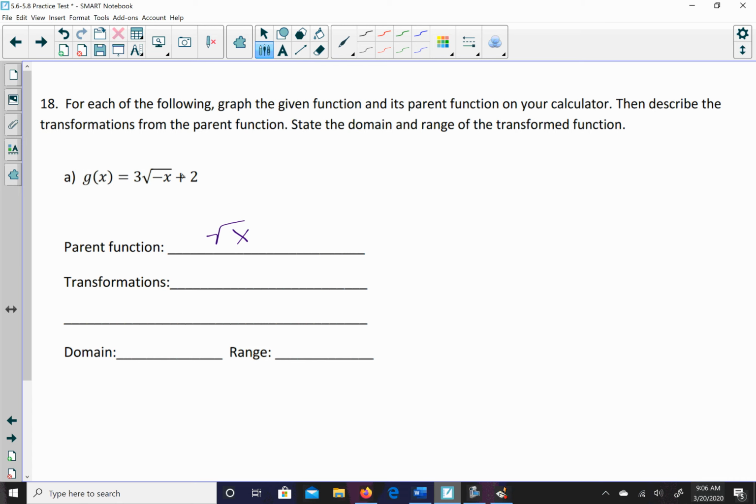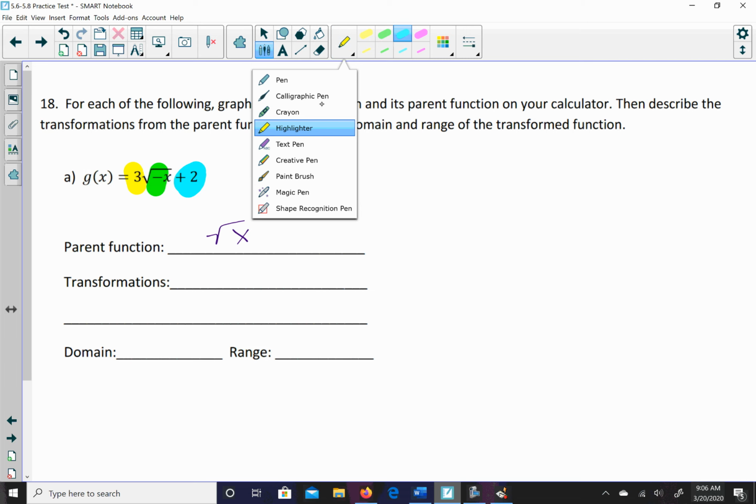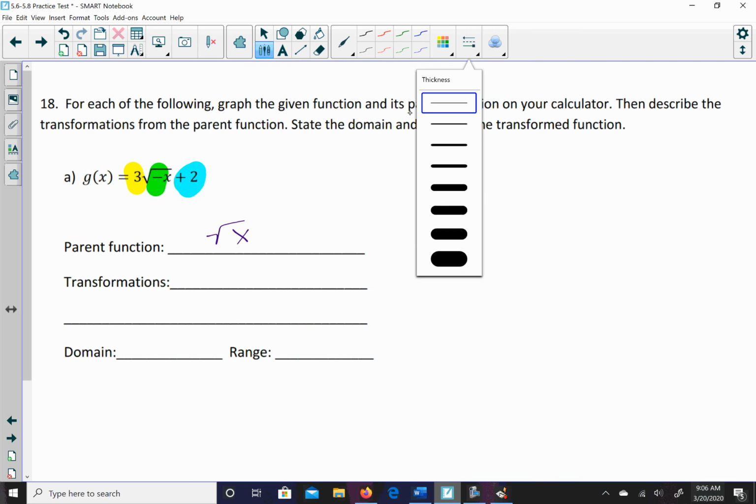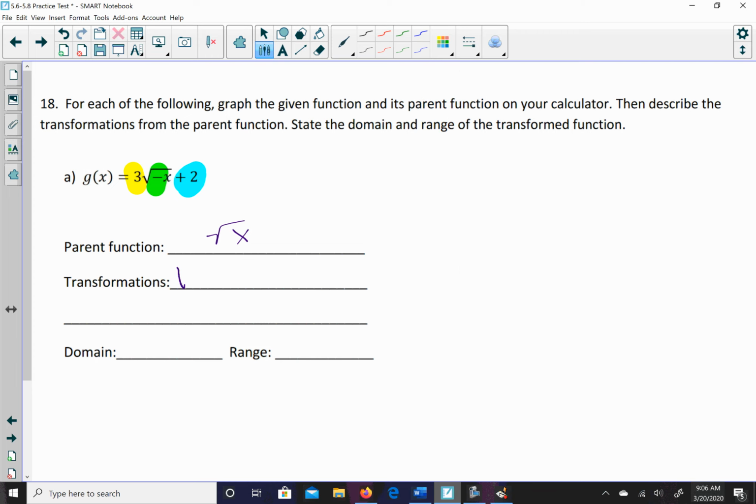The 3 things that are different are this 3 on the outside, this negative sign on the inside, and this 2 on the outside. So let's deal with them in order. The 3 is outside, so it's going to be a vertical stretch of 3.